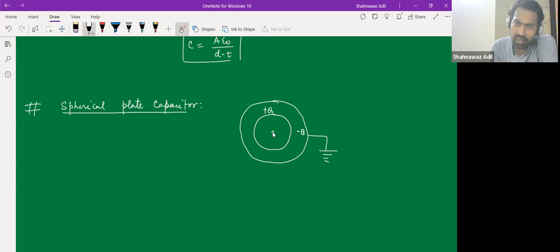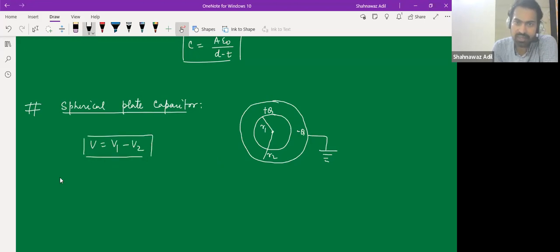So this has minus Q, this has plus Q. Now let's say that this is R1 and this is R2. We have to calculate the potential difference between this and this sphere, so the potential is V1 minus V2.